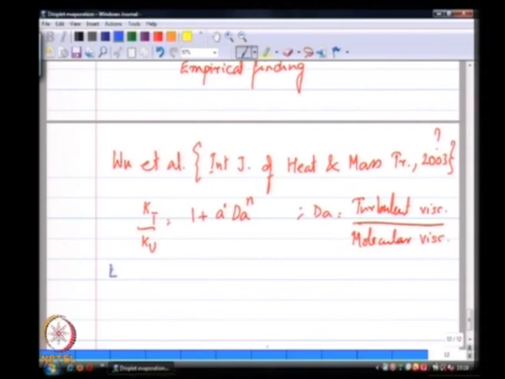Primarily because evaporation is at the end of the day diffusion limited. The process of mass being moved away from a liquid vapor interface into the bulk ambient is purely by a diffusive process, and this diffusive process is accelerated if I have some kind of a turbulent fluctuation in the mean flow field. If I have a purely laminar flow past the drop, I am only going to have to rely on molecular diffusive processes.